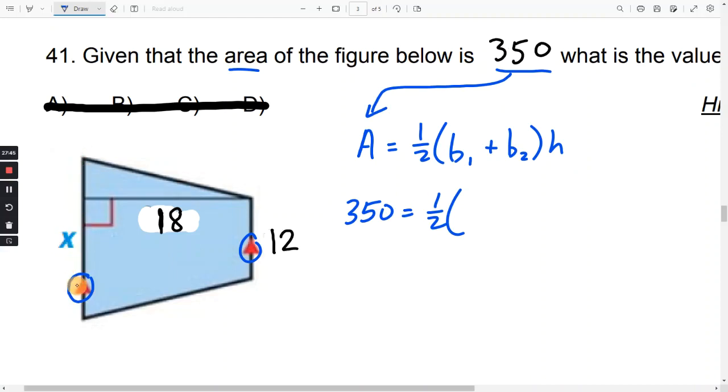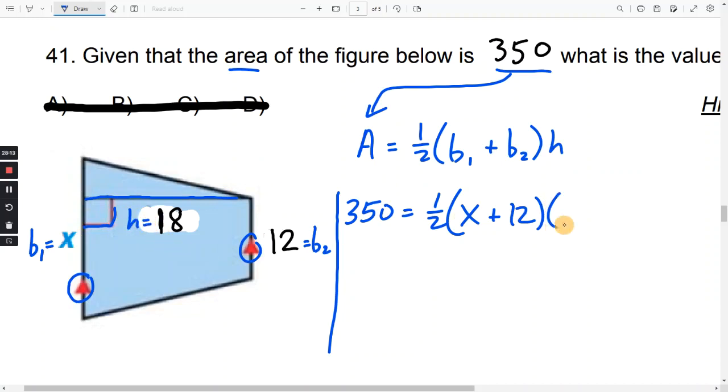So this side is parallel to this side. I'll let this side equal b1, and I'll let the other side equal b2. Okay, so b1 plus b2 is going to be x plus 12. And that's times the height. The height is the distance between the two bases. It has to be perpendicular. So this right here is the height. That's 18.